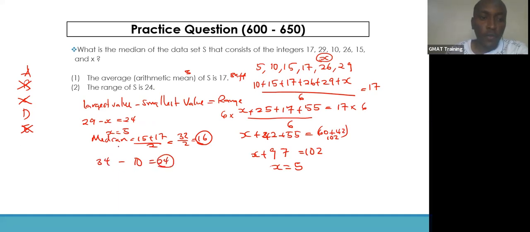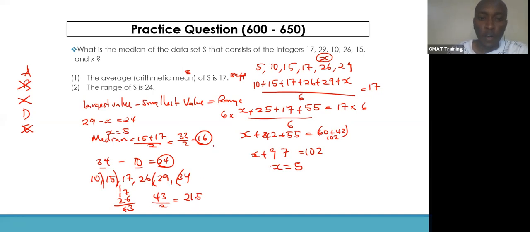All right, so the largest value being 34 and the smallest value being 10 in the set. Arrange it back: 10, 15, 17, 26, 29, and 34. In this case, our median should be the middle digits, that's 17 plus 26, which is 43, divided by 2. This is 21.5.